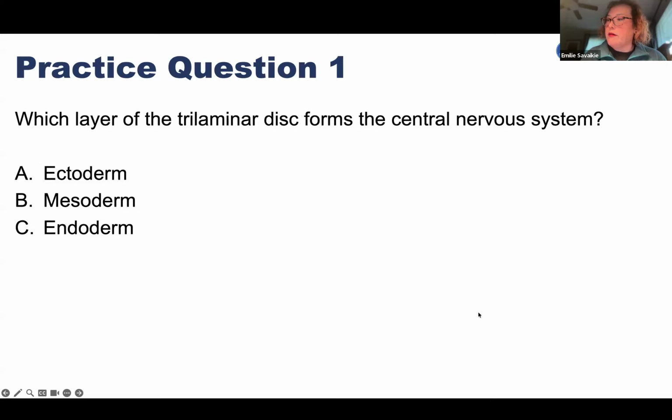Okay. Give 3, 2, 1. Oh, excellent. It is the ectoderm.